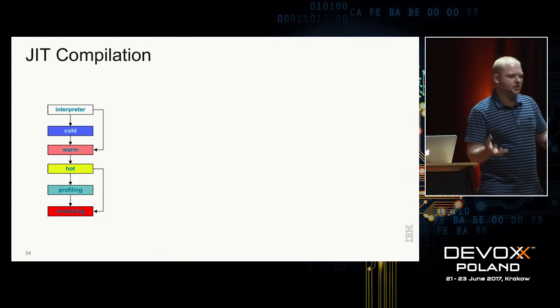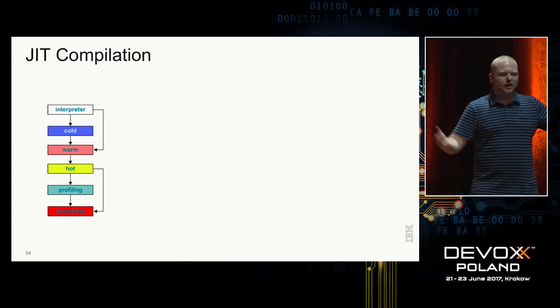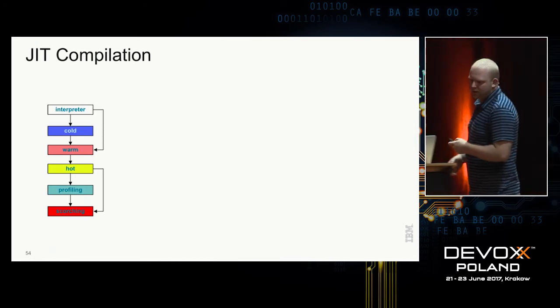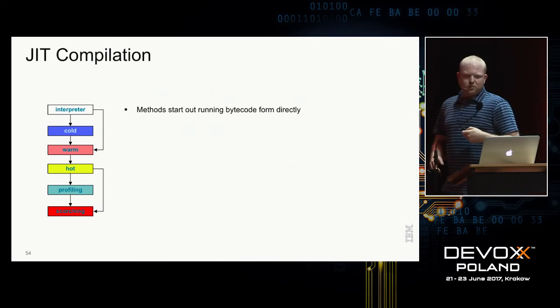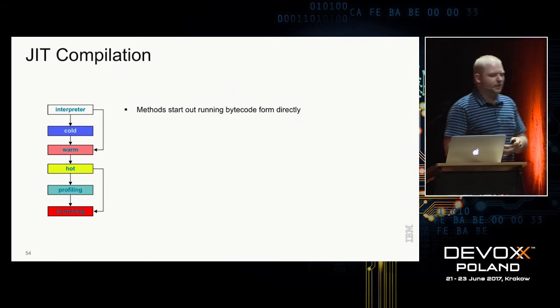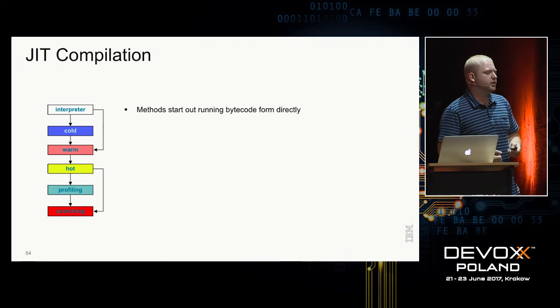It doesn't make sense to take code that was going to run for a total of 3 seconds in the lifetime of the JVM and then spend 5 seconds compiling it to make it fast. So the first level of hotness, which is called interpreted, there's no JIT involvement other than profiling, trying to figure out if we should compile it.